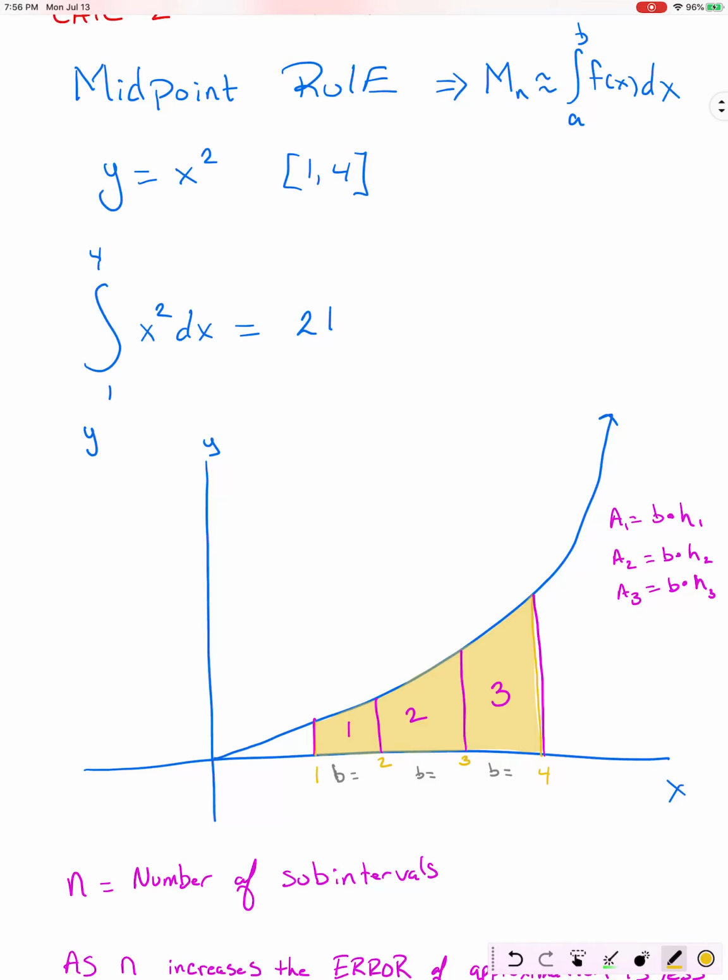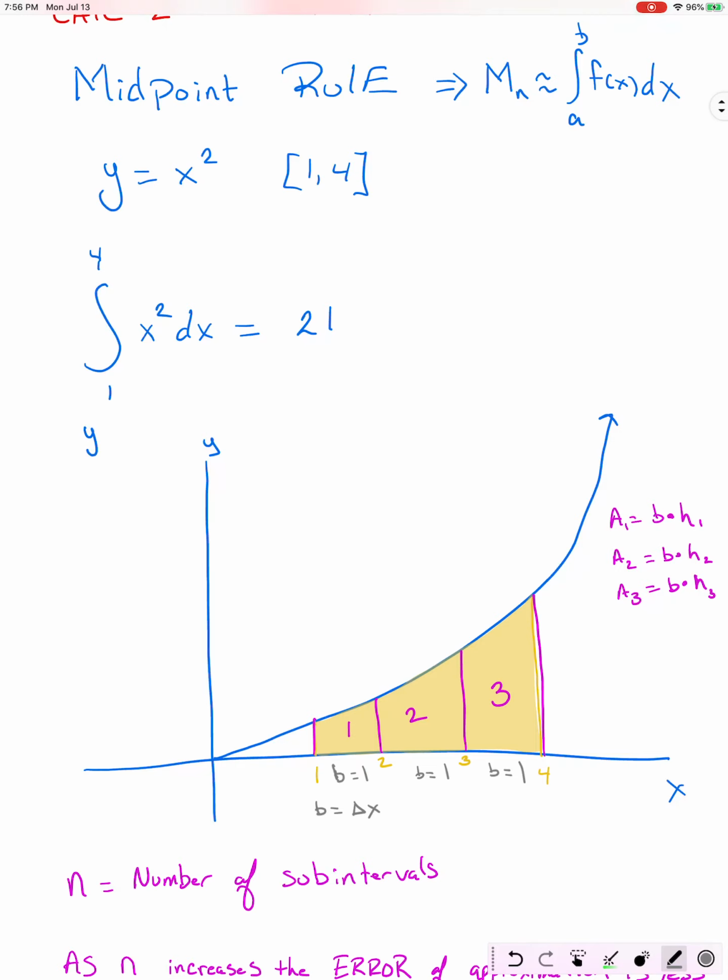So the base is equal to 1 in this particular example for each of my rectangles. We refer to the base mathematically as the change in x, or delta x. So the width or base of my rectangles is delta x.